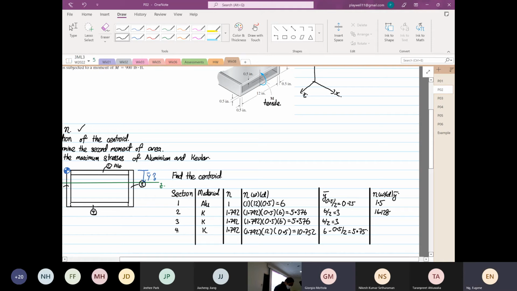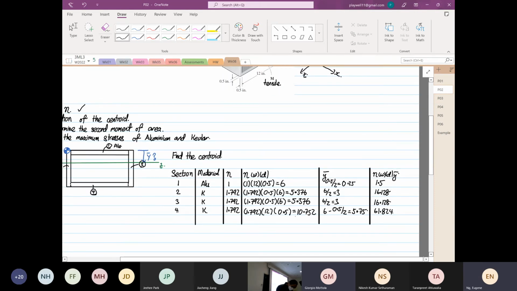Let me do it again. 5.376 multiplied by 3, 16.128 is correct. And then it's 10.752 multiplied by 5.75 is equal to 61.824. I'll do it again. 10.752 multiplied by 5.75, 61.824. Then we sum everything up together.